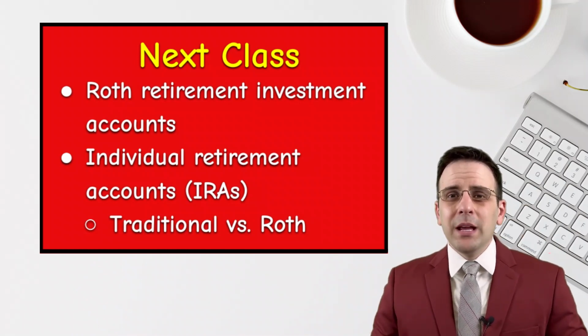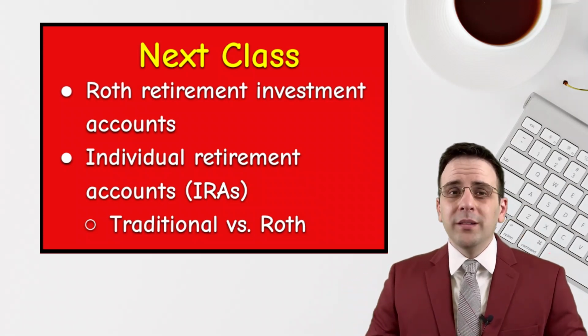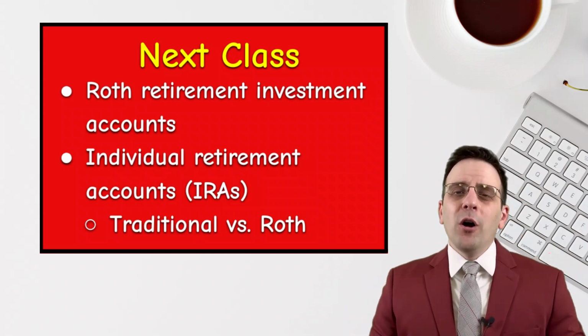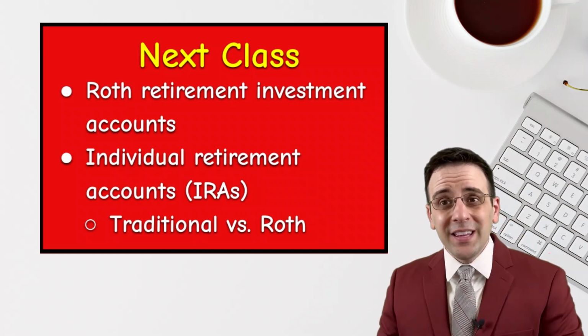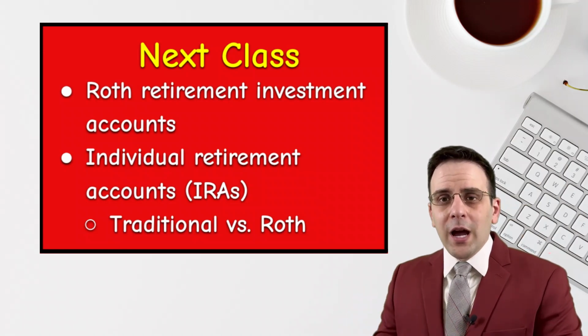So let's stop here, and I will continue the discussion in class number 21 with Roth retirement investment accounts. We'll also cover individual retirement accounts, or IRAs, including both the traditional and the Roth variety.